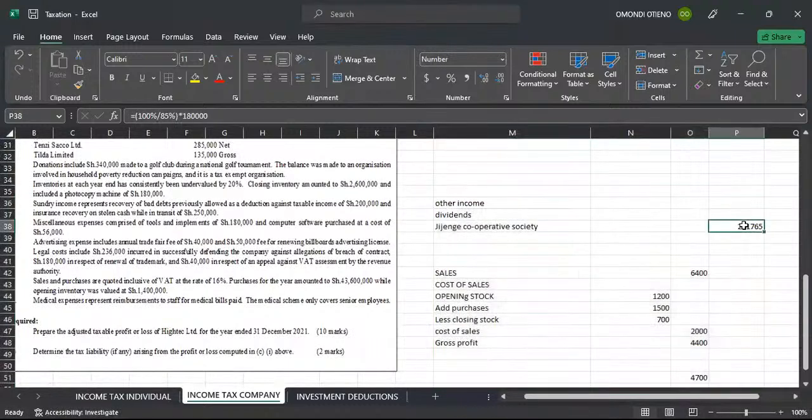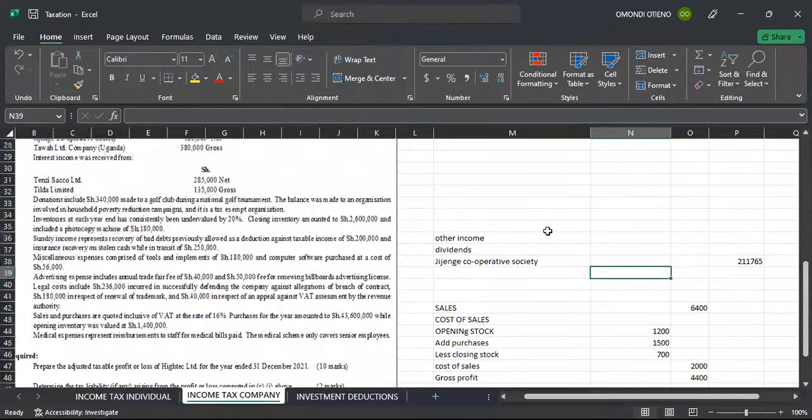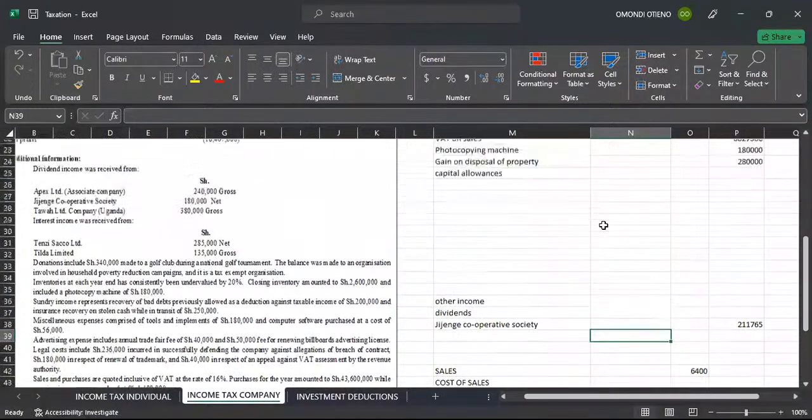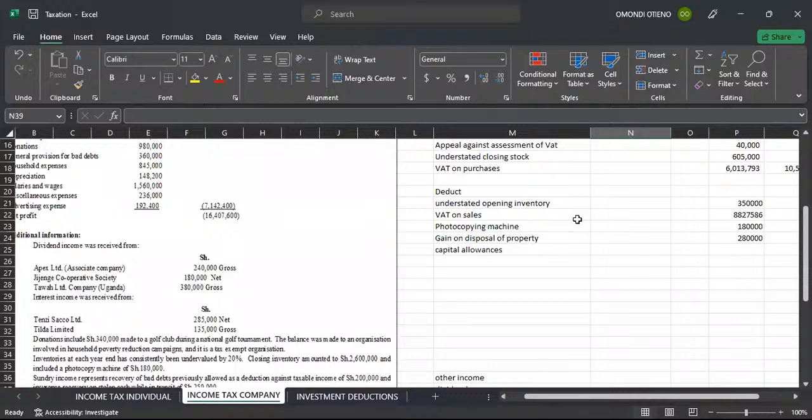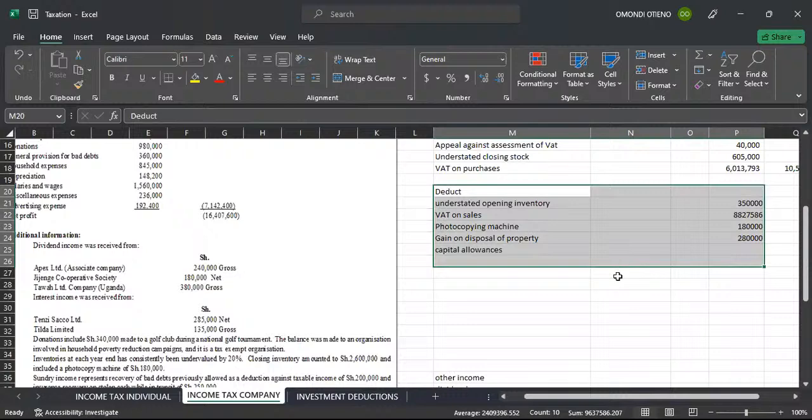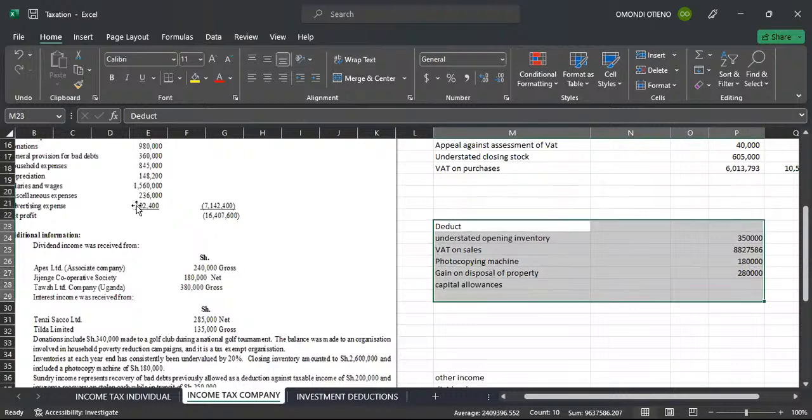Check this one. It is 100% divided by 85%, multiply by 180,000. Okay, please pardon. So what is happening here is this. You are deducting expenses that are allowed to reduce our taxable income, and we deducted them up here. So what we are now looking at is the dividends income.